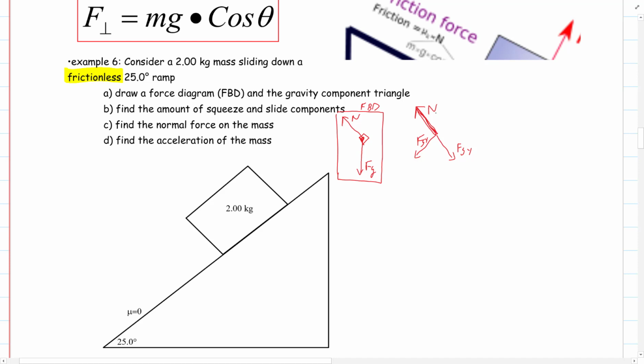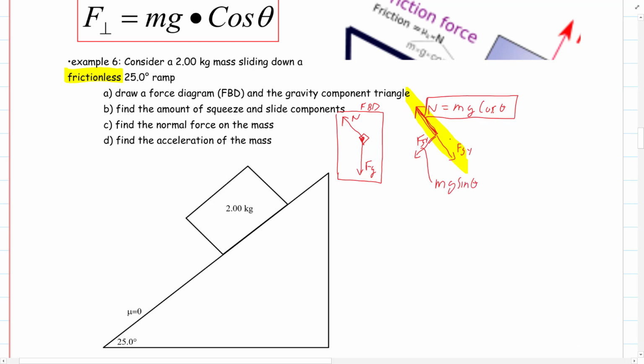We see that this is the y direction, and they have to balance, and that tells us the normal is equal to mg cosine theta. Oh, goodness gracious, the normal ain't normal anymore. Again, it's not just mg like it was in physics 11. And in here, that's the component that's going to cause the acceleration, and that's mg sine theta.